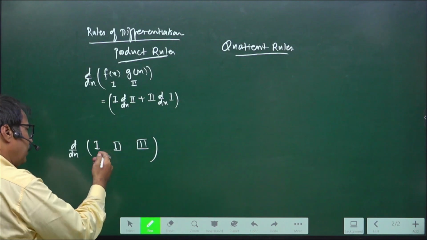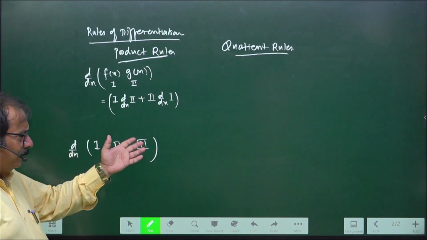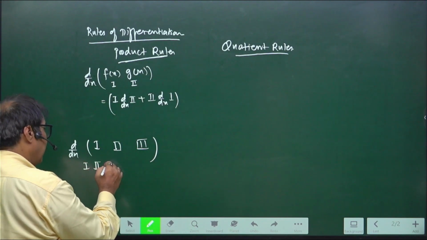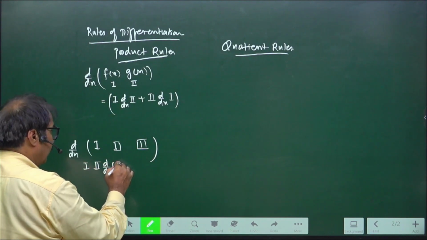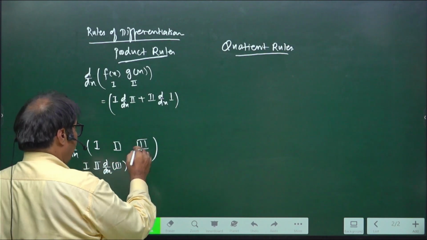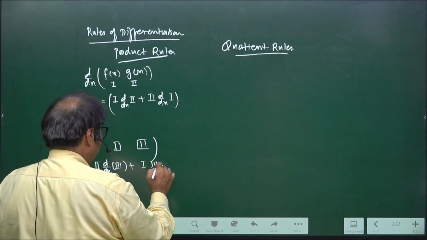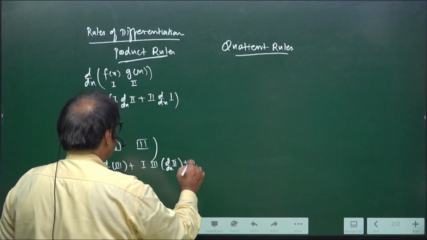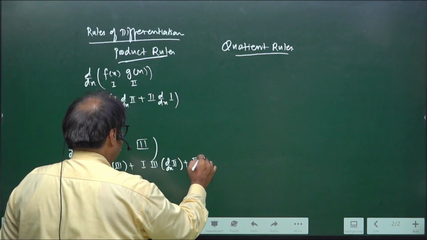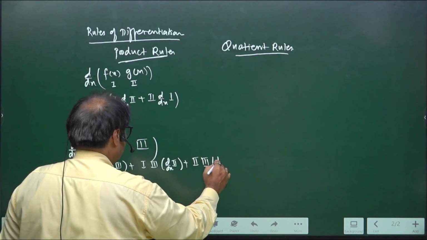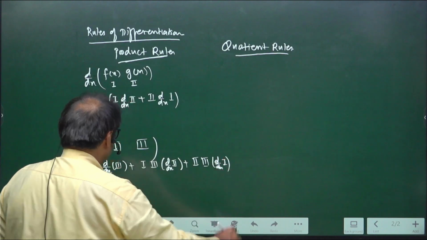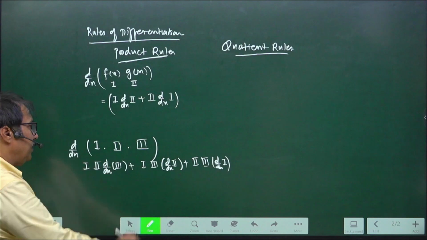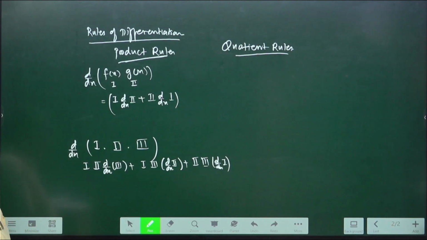So I take first into second and derivative of third, plus first into third and derivative of second, plus second into third and derivative of first. In this way we can apply the product rule if there are three functions in the form of multiplication, right?